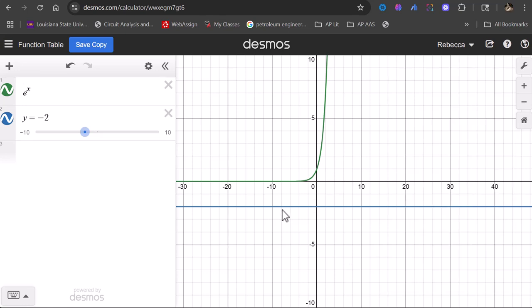Okay, so here's the line y equals -2. I want to reflect about that line. A y equals line is a horizontal line. It's parallel to the x-axis. So that's equivalent to reflecting it about the x-axis. To reflect about the x-axis, you make the whole function negative. So first you'd reflect about the x-axis.